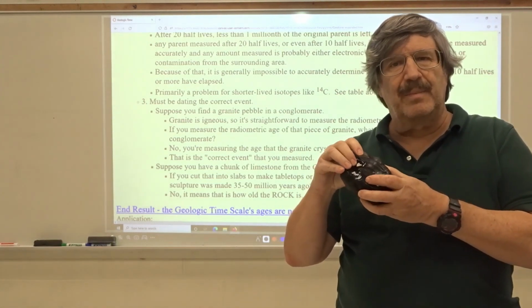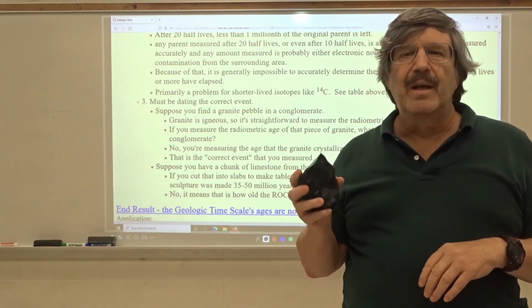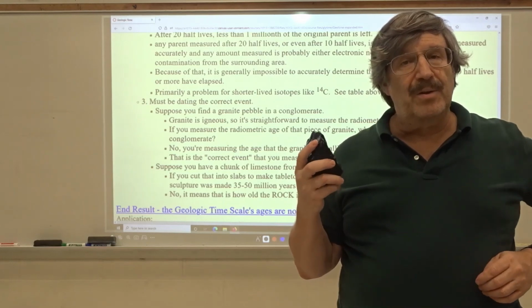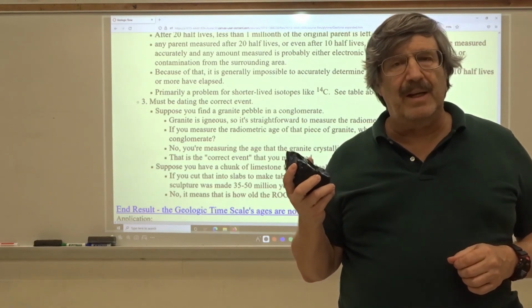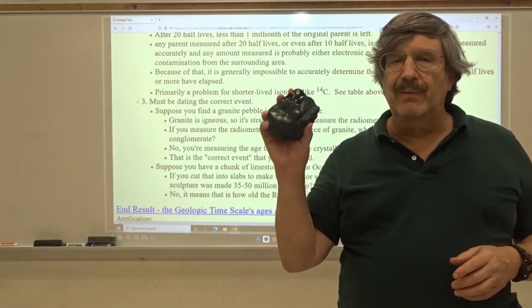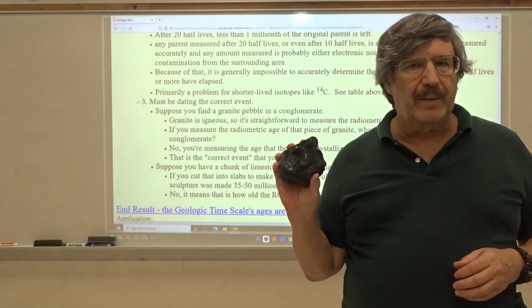Argon potassium measurements can give us a very good idea of the age of this. If you find an obsidian arrowhead and measure the argon potassium age, you're not getting the age of the arrowhead, you're getting when it came up out of the ground and solidified into obsidian.